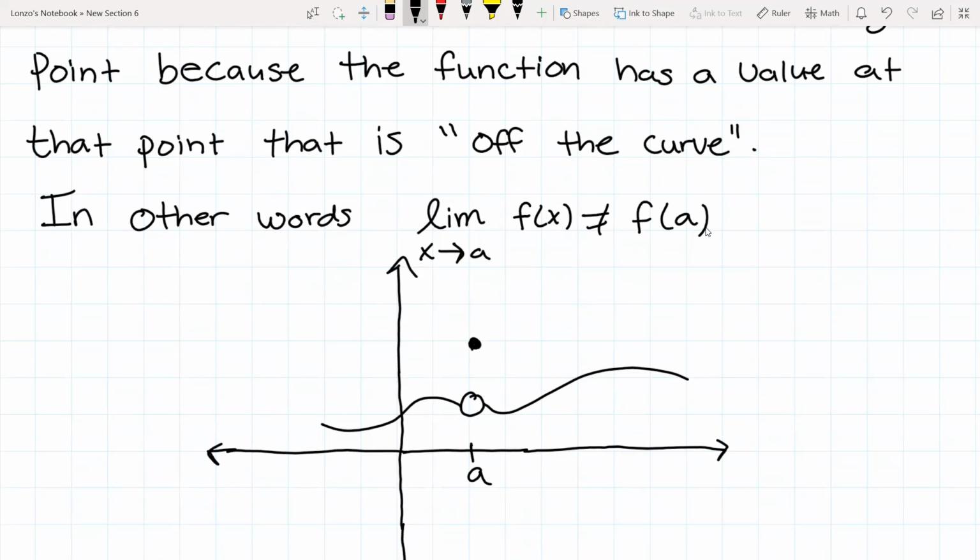So when you plug in f of a, it's not going to be the same as your limit. f of a is this y value, and the limit is obviously this value, so as you can see, they're not equal. It looks like you didn't pick up your pencil, but when you had to draw that dark circle, you did have to pick up your pencil. That's why it's discontinuous.